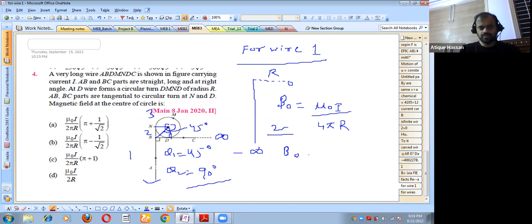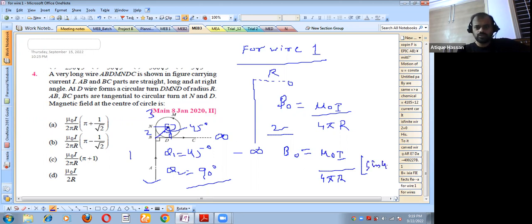For the second wire, the magnetic field at the center O will be equal to mu naught I by 4 pi r, where the distance is r, and one angle is 45° and one angle is 90°. So sine 45° plus sine 90°.